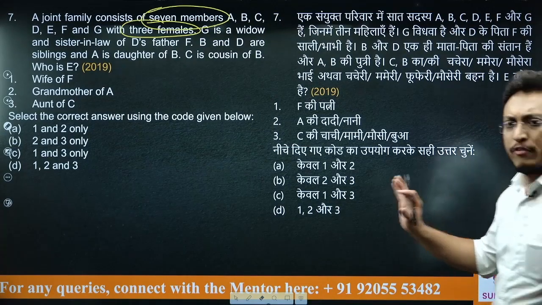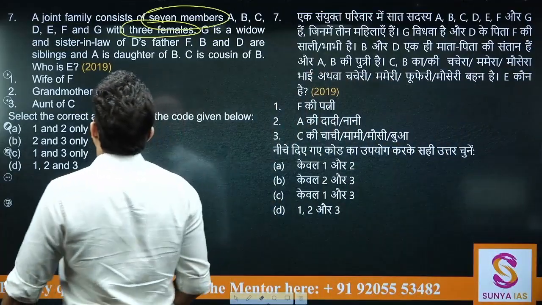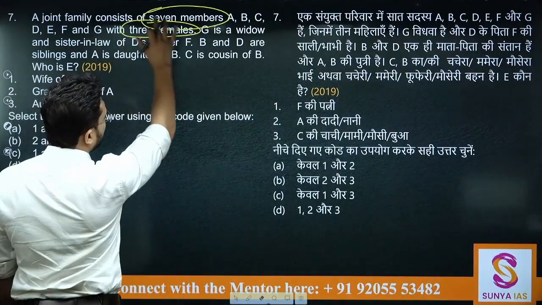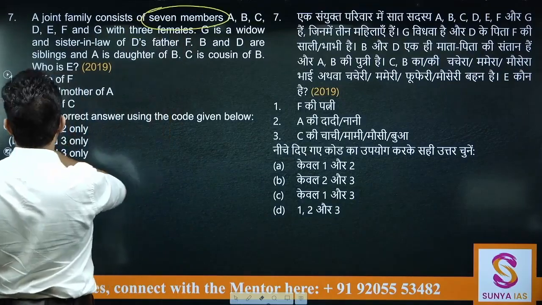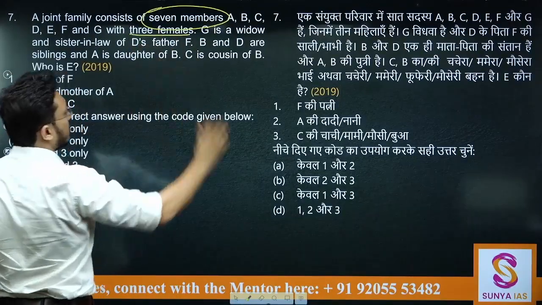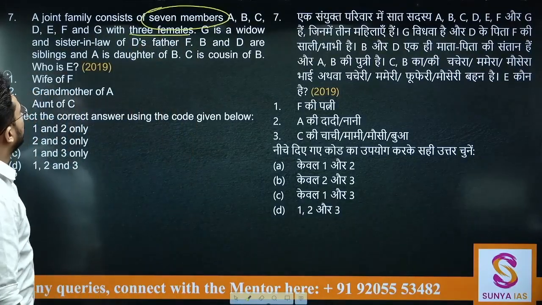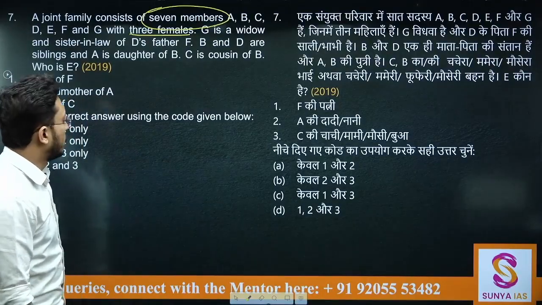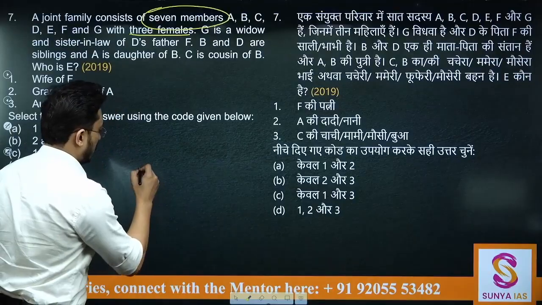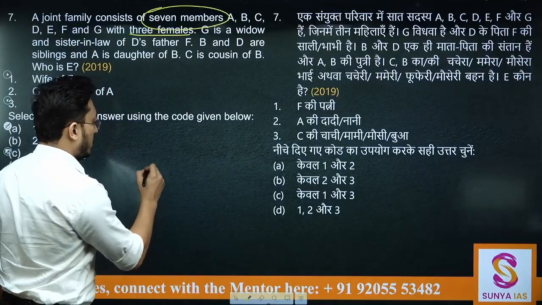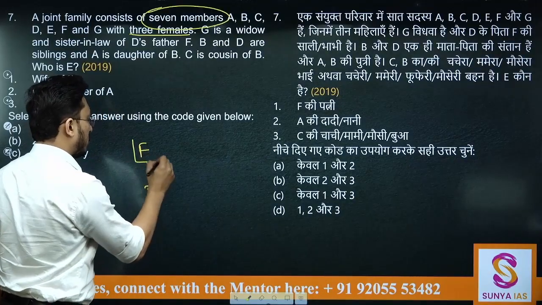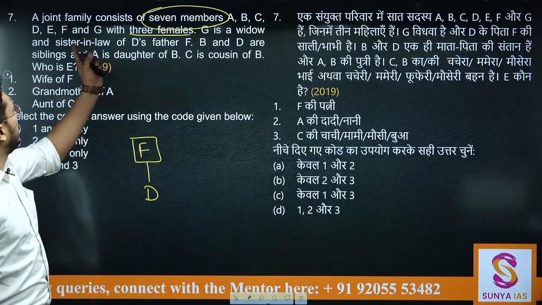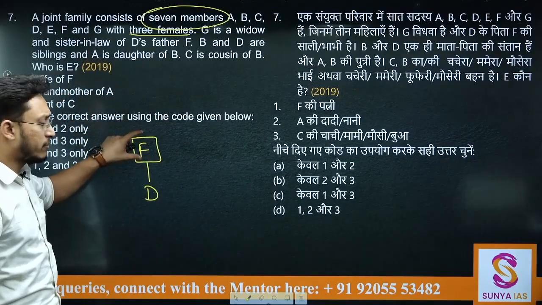So let's draw the family tree here and see. A joint family, all of this, 7 members and 3 females are there. G is a widow and sister-in-law of D's father, F. So let's say this is D, D's father is F, and G is a widow and sister-in-law of this person.